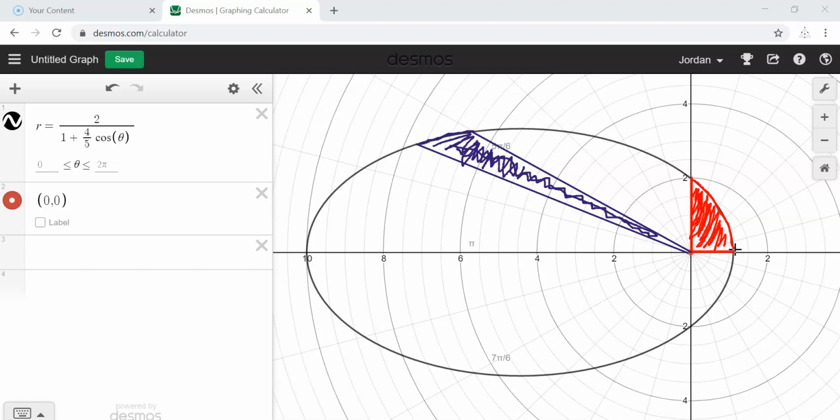So the red section is going to take the same time to travel as the purple section.